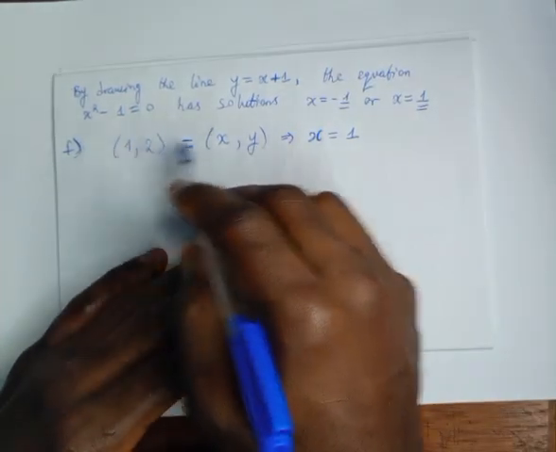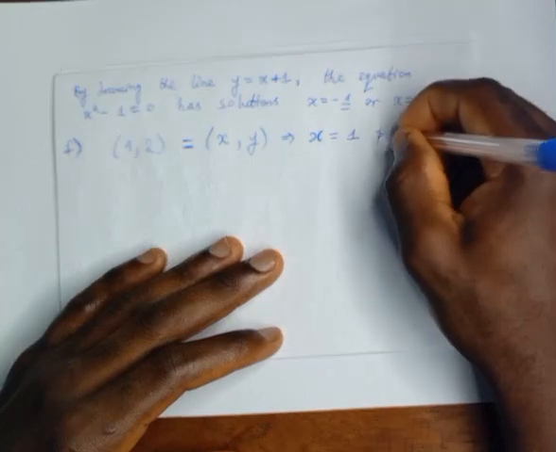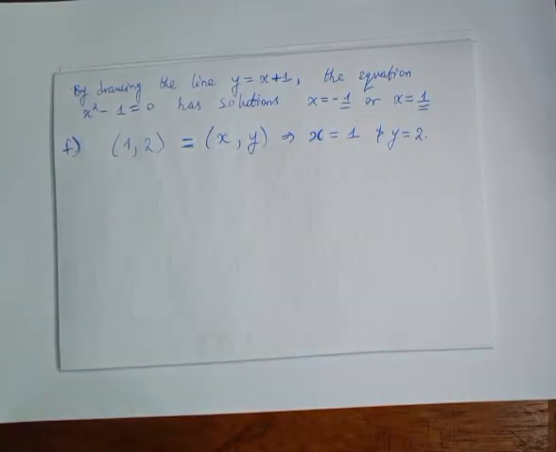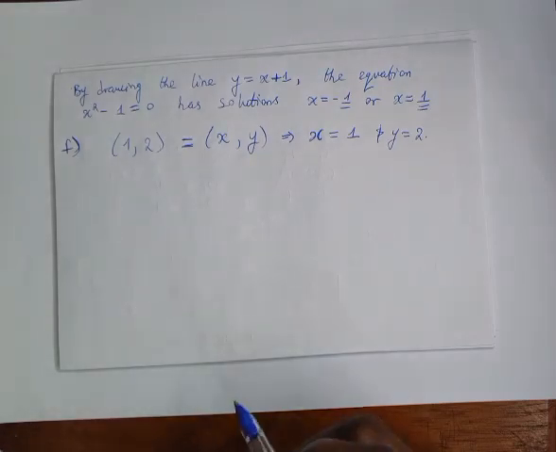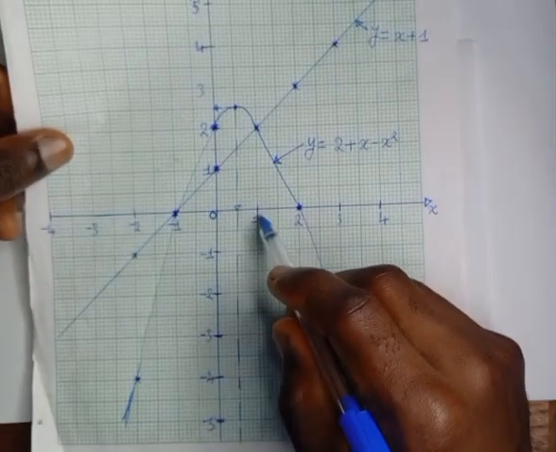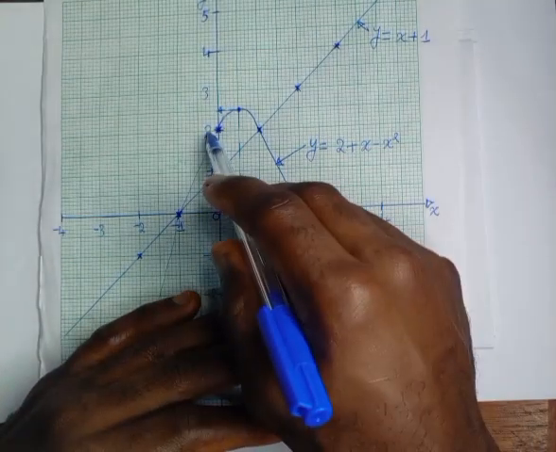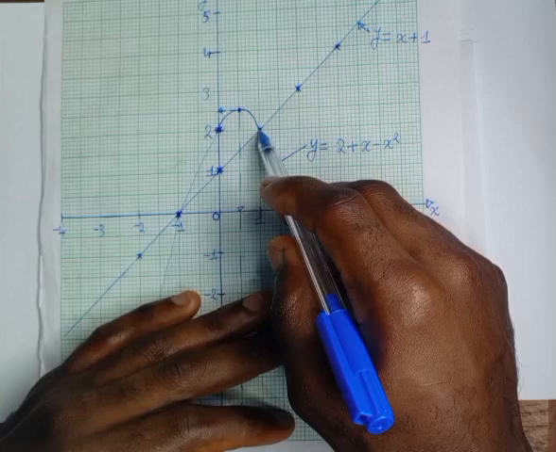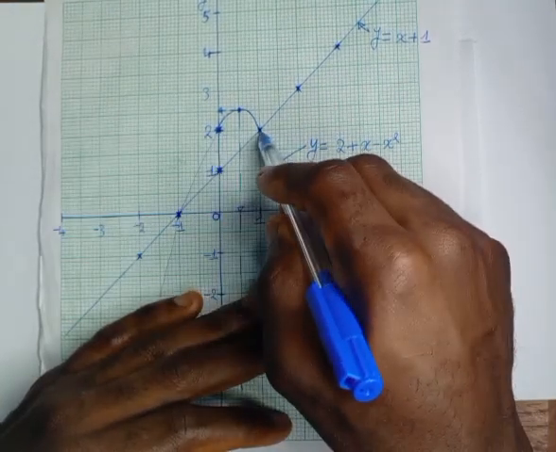If you compare, y is equal to 2. That's what it means. So we are going to move to our graph. We read the point, we locate the point where x is 1 and y is 2. x is 1, y is 2, you see the point here, 1, 2.